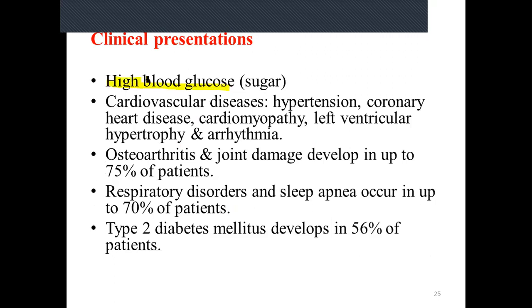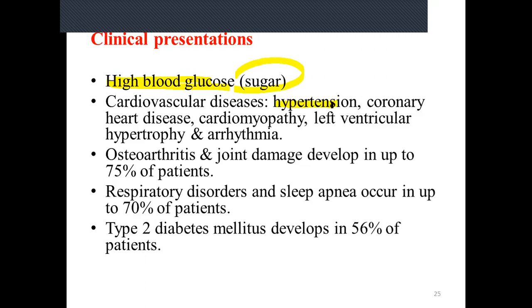Apart from that, growth hormone affects the glucose level: it reduces utilization but promotes accumulation. So high blood sugar level is very, very common. Then because of the enlargement of many organs, the possibility of having cardiovascular problems is very, very high for this patient population.